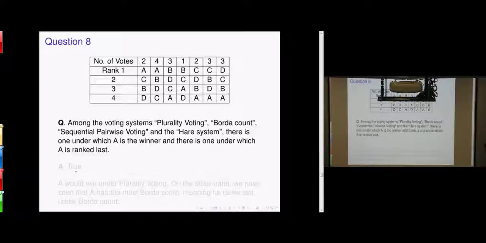Actually, for some systems it doesn't make sense to talk about who is ranking last, but we can probably still answer this question. So all we need to know is whether under one system A is the winner, and under one system A is ranked last.